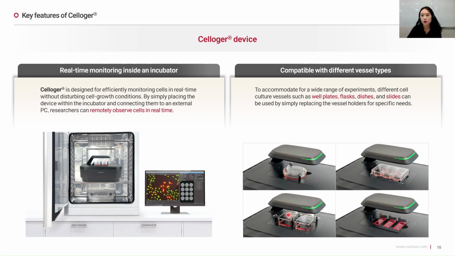Plus, you can easily switch out the vessel holder to use different types of vessels like dishes, flasks, well plates, and slides as shown below. This flexibility makes the Celloger series versatile and perfect for a wide range of experimental setups.